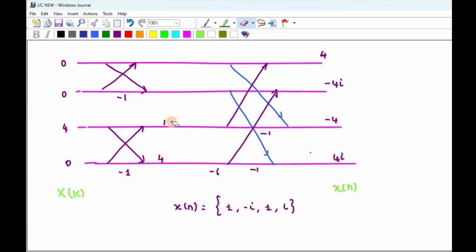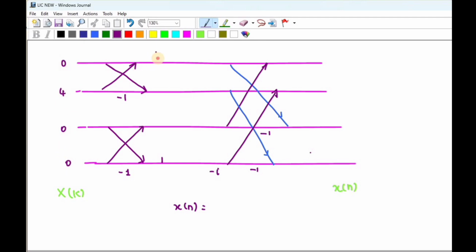If you see, this is the value of x of k and this is the value of x of n. In addition to the bit reversal, if I bit reverse this one, I have to write this as 4, 0 after taking bit reversal and complex conjugate.